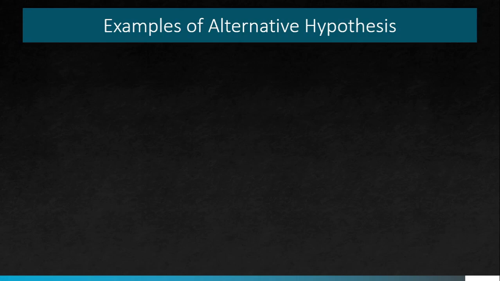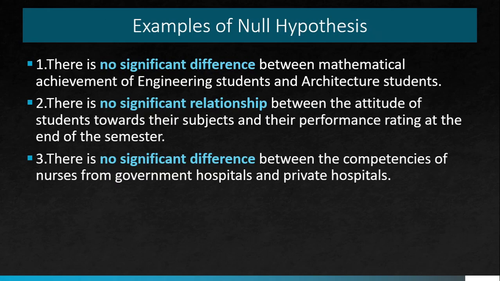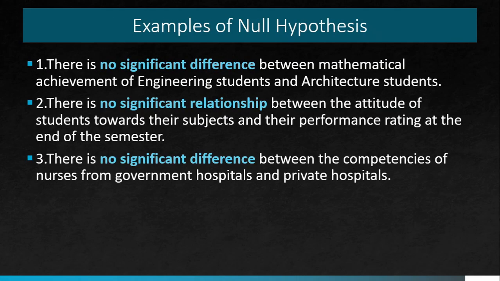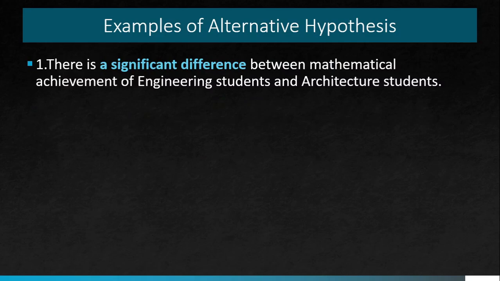So if you will construct your alternative hypothesis coming from these three null hypotheses, then we can just state that there is a significance. Okay? So meaning there is a difference between the mathematical achievement of engineering students and architecture students.